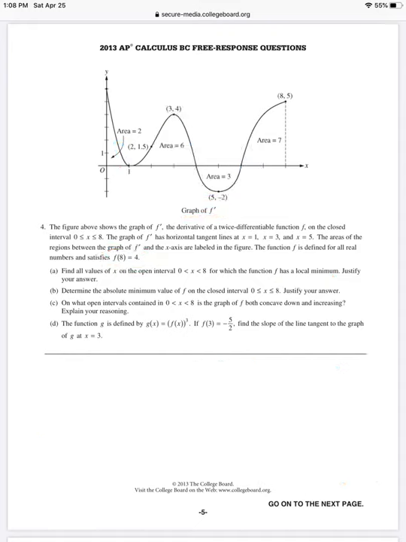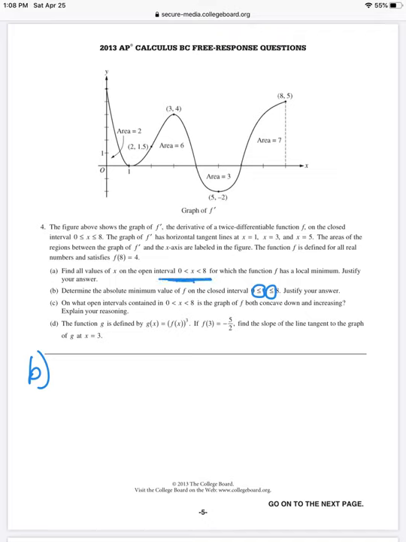All right. Part B. Determine the absolute minimum value of f on the closed interval from 0 to 8. So now what's the difference between part A and part B? Look at these or equal to's. That means I'm now including 0 and 8. Here, I wasn't. These were all open. 0 and 8 were not an option.